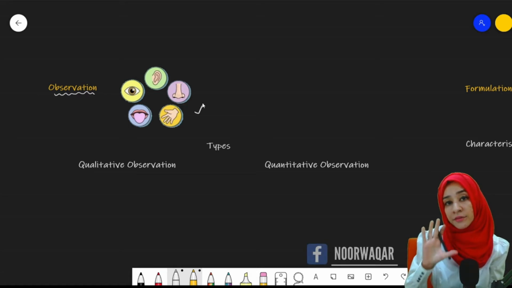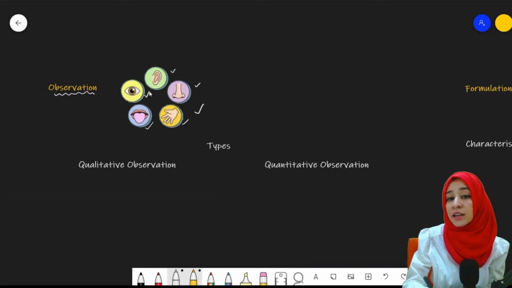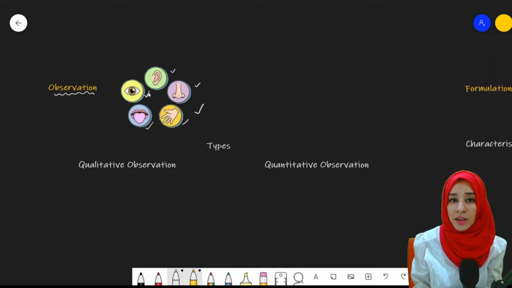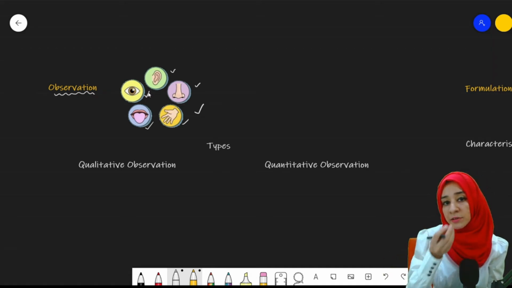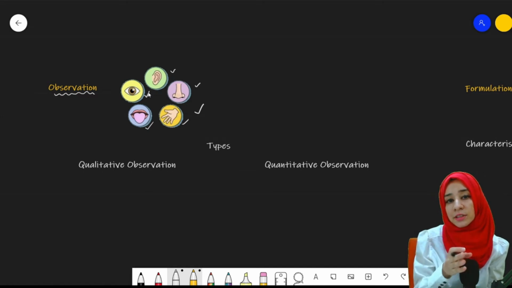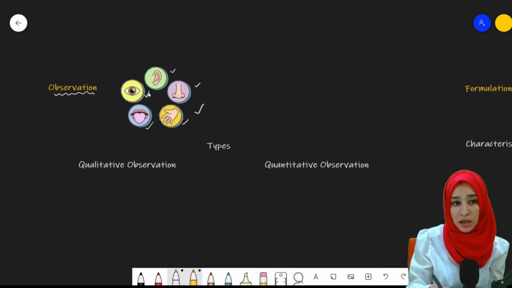With the help of our 5 senses, which are hearing, smell, touch, taste, and vision. Anything we observe, we'll do it with these 5 senses, right? So after the recognition of a biological problem, this is how the observation is going to play a role.